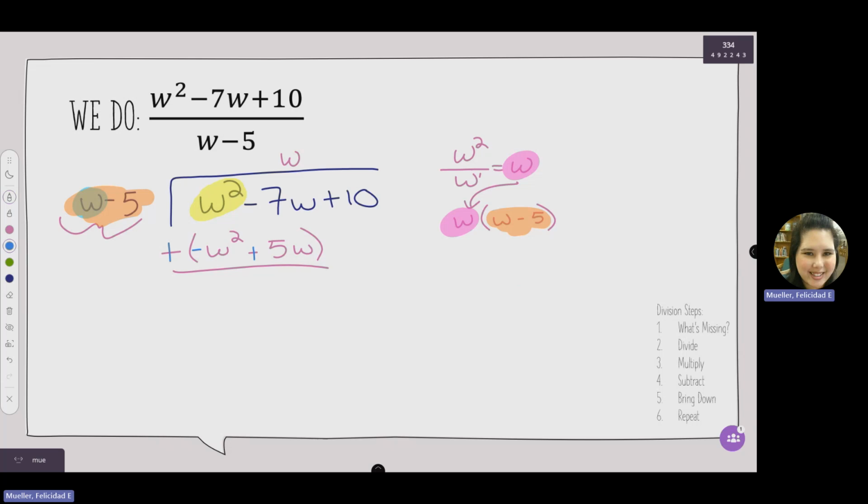But anyways, our w squareds are going to cancel out. -7w plus 5w is -2w. Now we bring down the plus 10. So in this case, I bring down only one term because I have one term. I kind of want to match the number of terms I have with the number of terms we're dividing by. So I want 2 and 2.